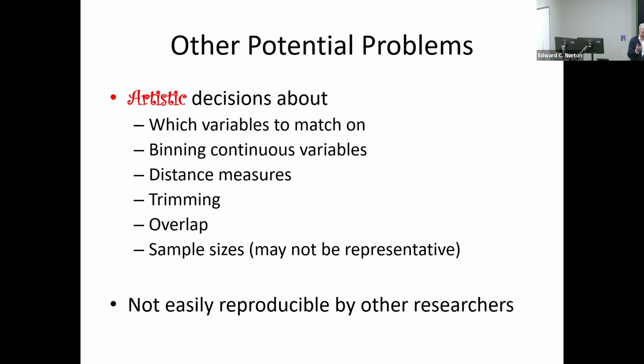Simply because there are a lot of what I call artistic decisions about what happens in any propensity score matching, which variables to match on, but then there are issues about binning and distance measures and trimming and overlap and sample size and what happens when your inverse probability weights are really big or really small. It's really hard to reproduce what somebody else has done, and reproducibility is a desirable goal.